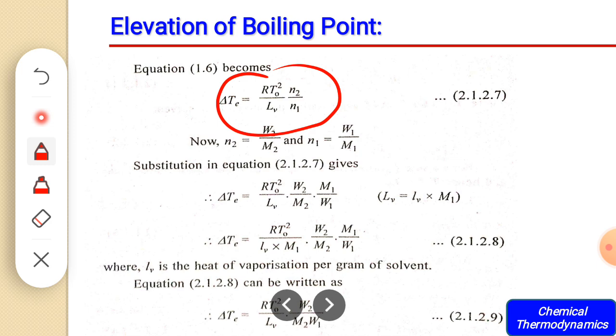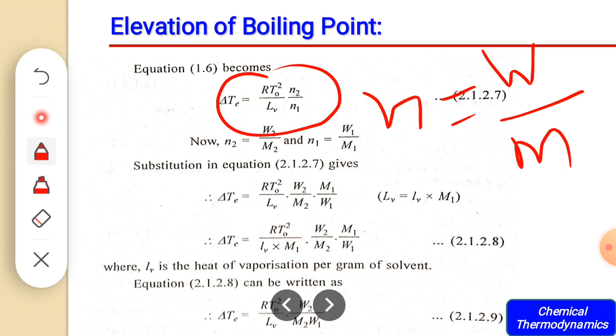This n means the number of moles of solute and solvent, which can be expressed in terms of weight and molecular weight. The number of moles is always the ratio of weight divided by molecular weight.